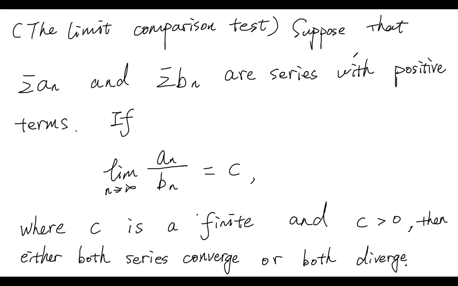And because we require the series to be positive here, the restriction for C is actually that C is just a finite number. It's a non-zero finite number. It's not equal to infinity, and C is not equal to 0. As long as the limit exists and C satisfies these two conditions, the two series either converge together or diverge together.